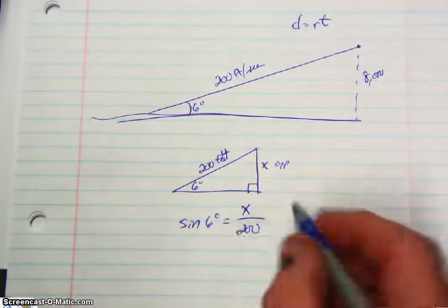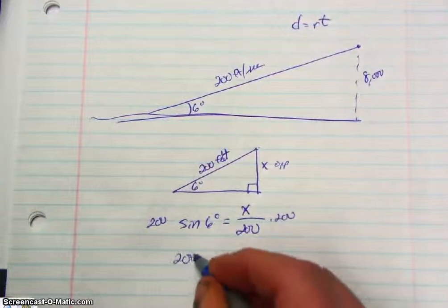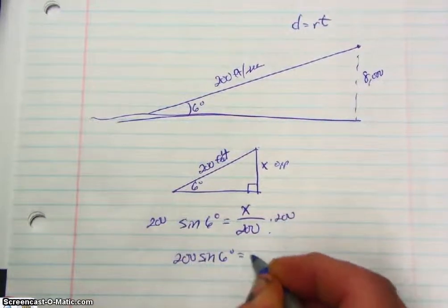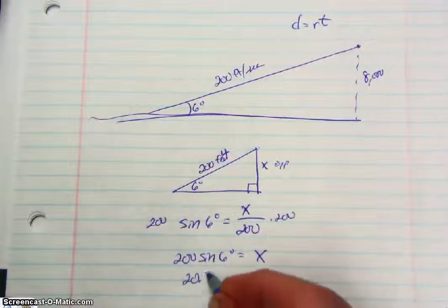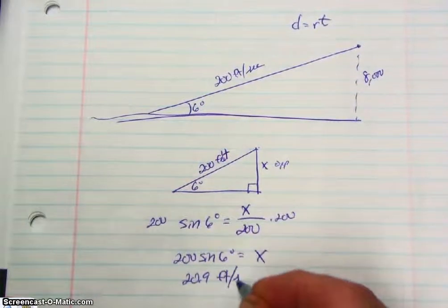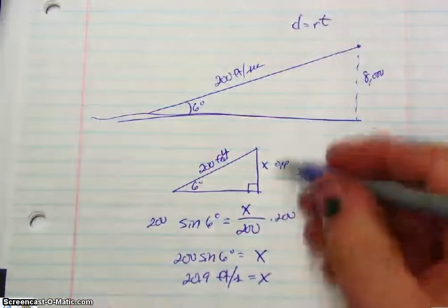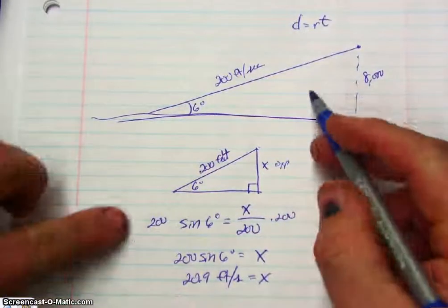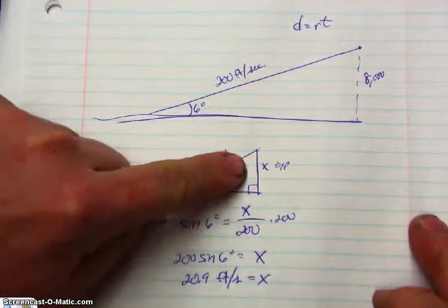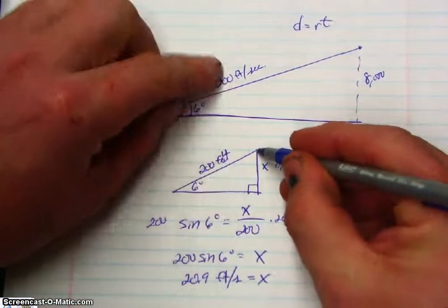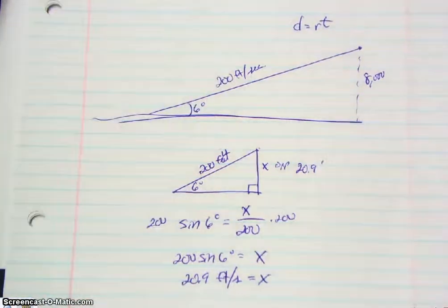Multiply both sides by 200, so I get 200 sine of 6 degrees is equal to x, and that is approximately 20.9 feet per second. So in 1 second, the plane has gone 200 feet, and it reached a height of 20.9 feet. That's just in 1 second.